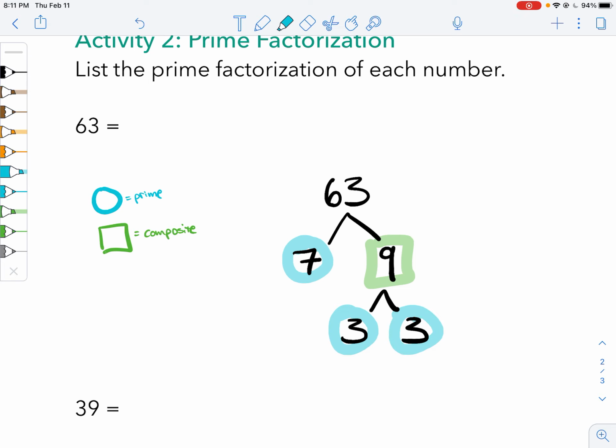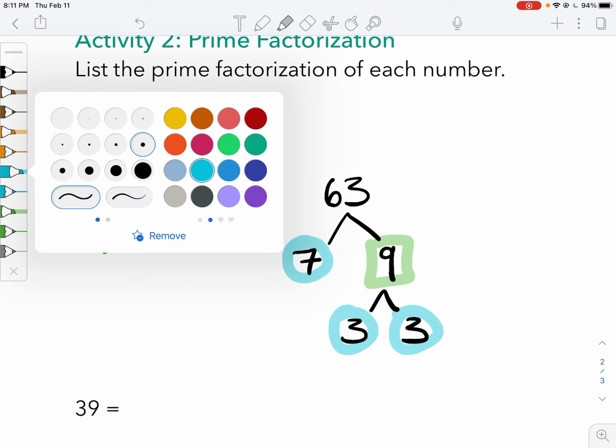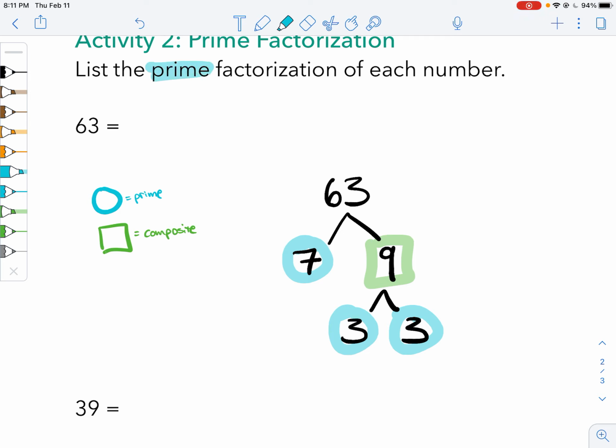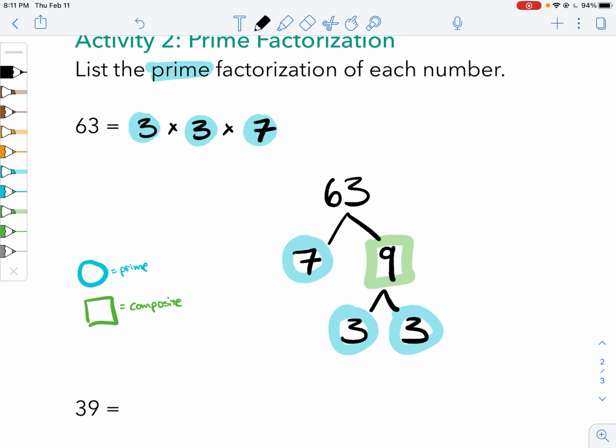So we only write our prime factors here in the prime factorization. We say that 63 is equal to, and always start with the smallest ones, 3 times 3 times 7. Now we do want to write those with exponents. So that's the same thing as 3 squared times 7. And now we are done.